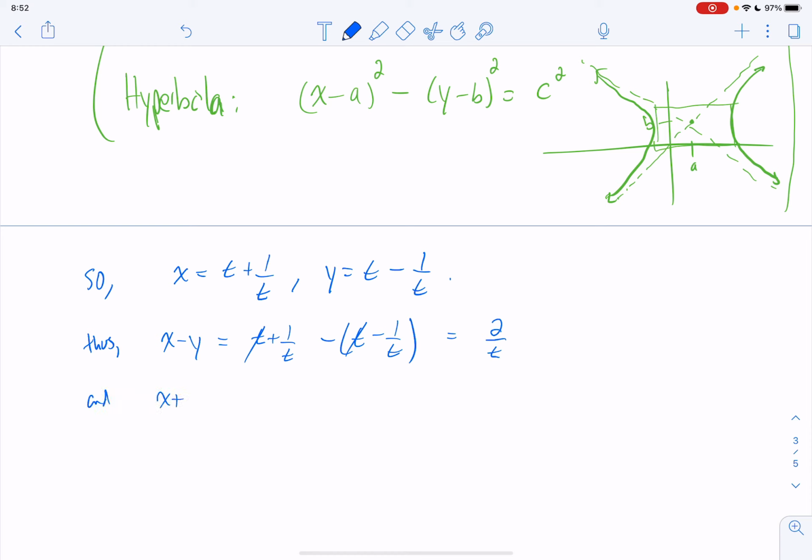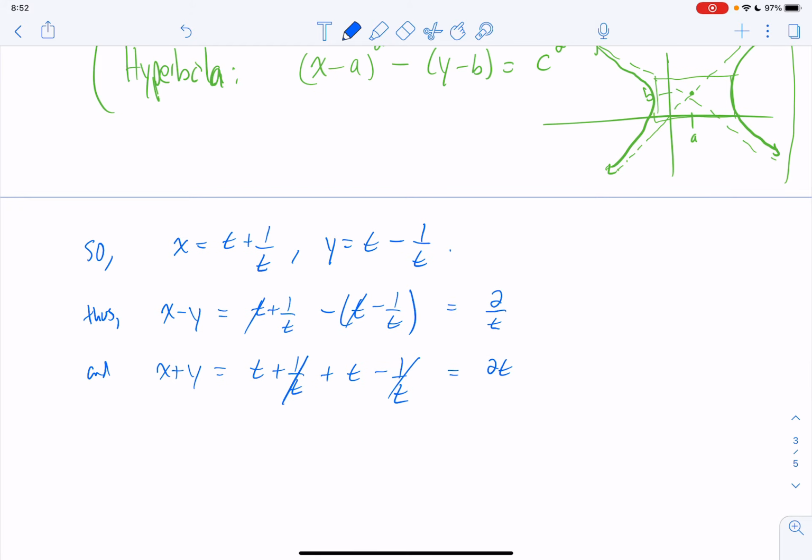And if I add x plus y, I'm getting t plus 1 over t plus t minus 1 over t. Now the 1 over t's cancel, and I get a 2t. And then conspicuously, if I take the product of x plus y and x minus y, I'm going to end up with, on the right, a 2. But in between, I notice, so maybe the correct way to write this is to put this over here on the right.